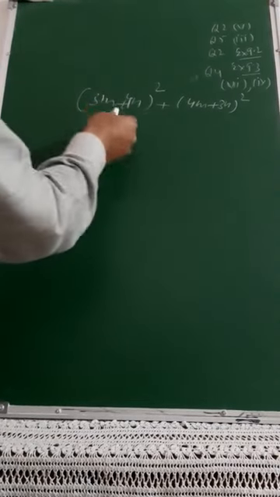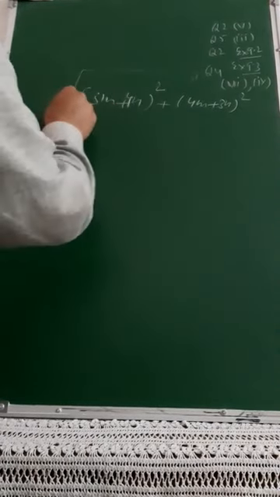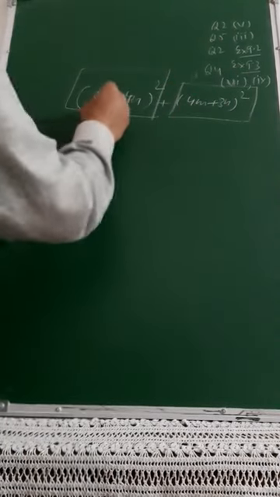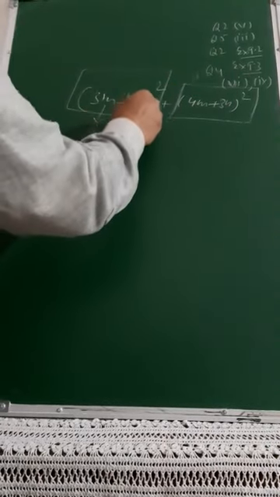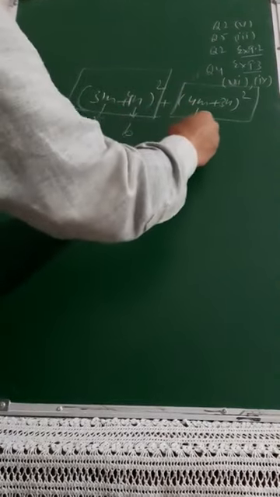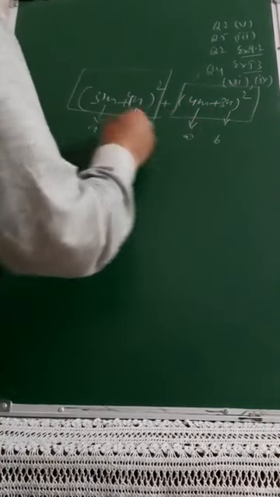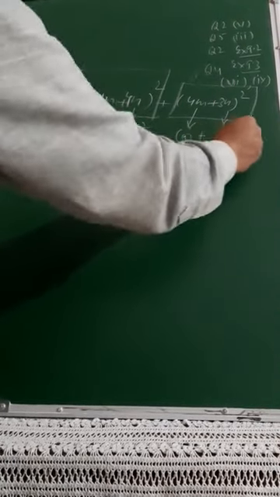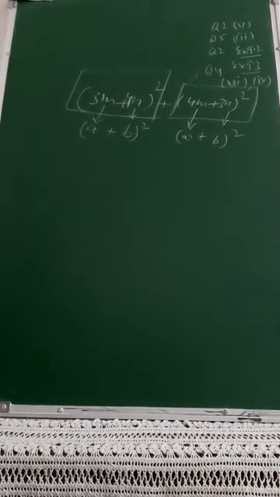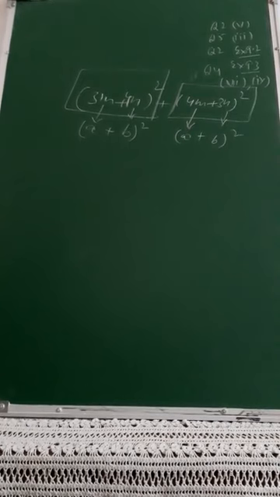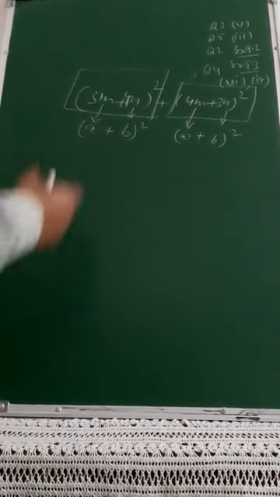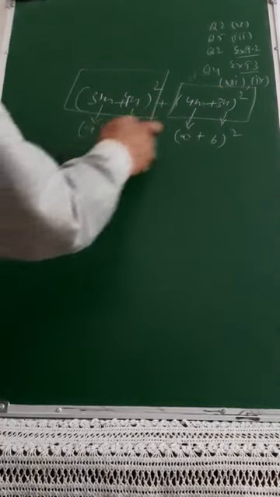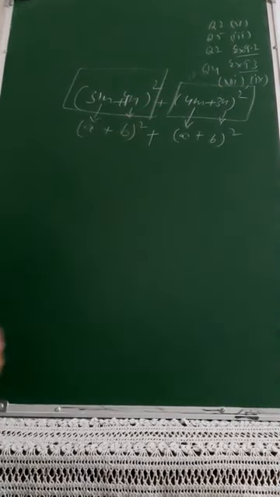You see that the question is divided into two identities separately, and both belong to (a + b) whole square. Again and again I am asking you to identify the identity first. You have to expand this, then expand this, and finally add the results.